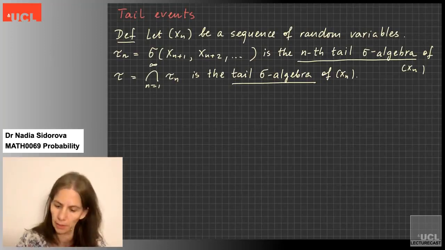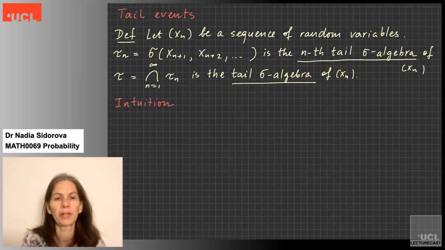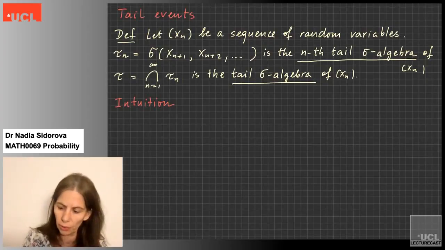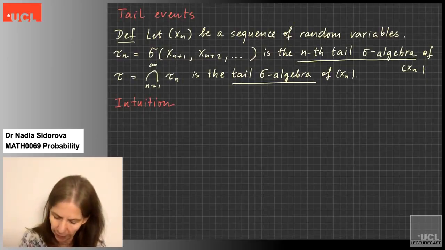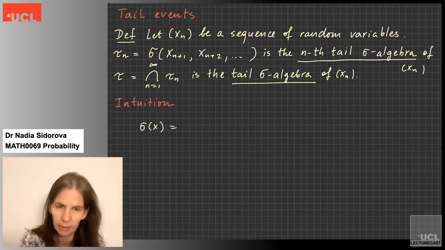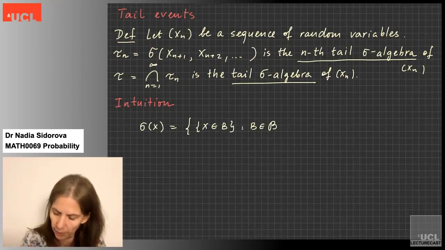Now, it would be good to see some examples, but before we look at the examples, let me try to explain the intuition behind those definitions. And to do so, I need to go back a little bit and actually just talk about a single random variable. So if I have just one random variable, then if I look at its sigma algebra, then we know it's just the collection of all sets of this form, right?